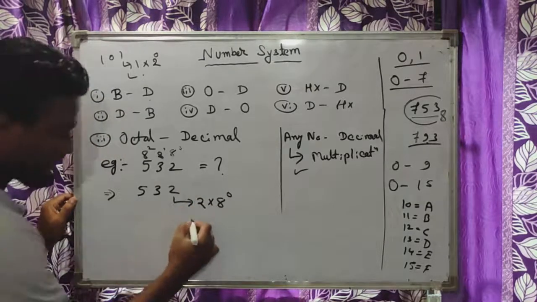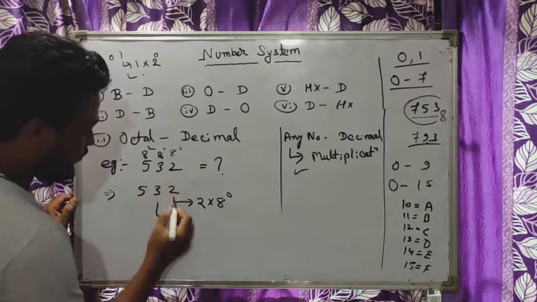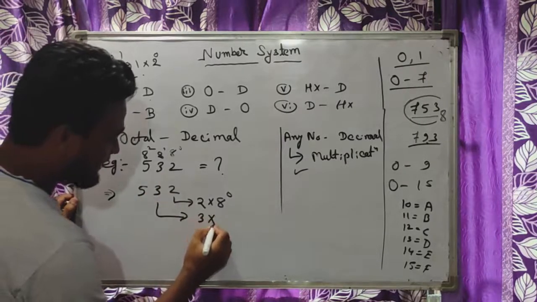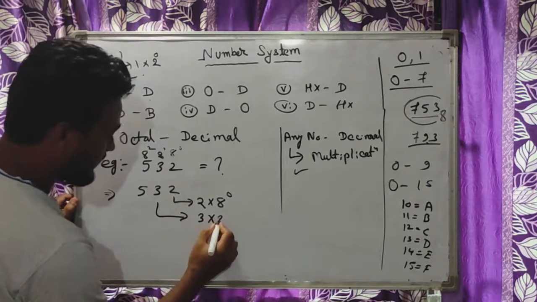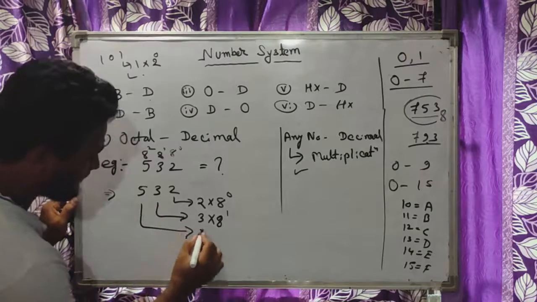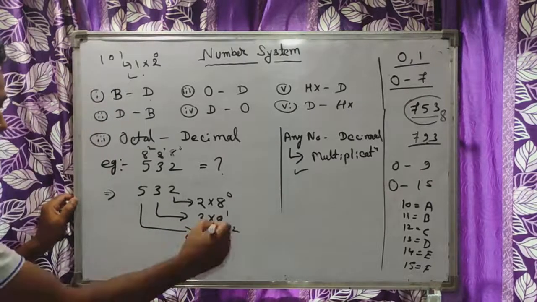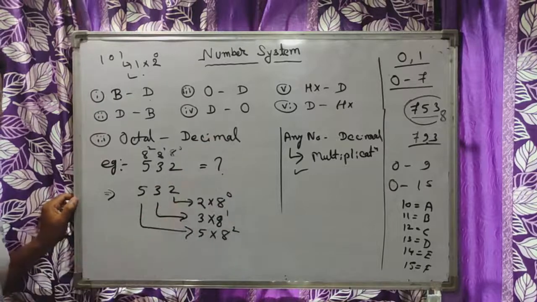Then we add 3 into 8 to the power 1, because the place value for 3 is 8 to the power 1, and then 5 into 8 to the power 2. Now you multiply this and add this, and you will get exactly the decimal number.